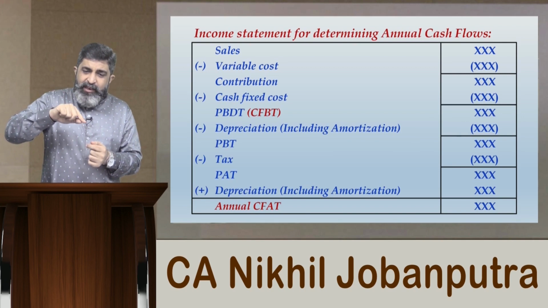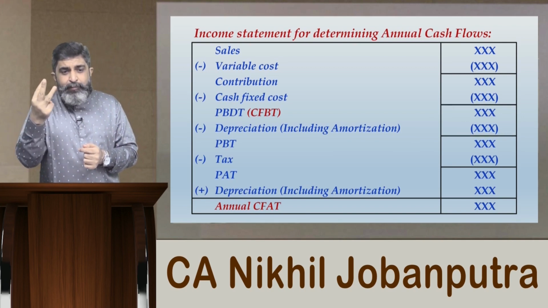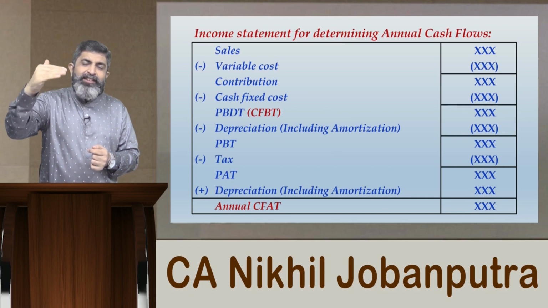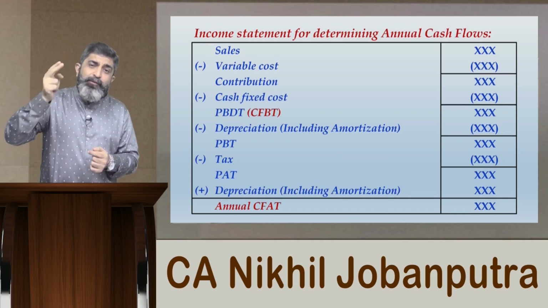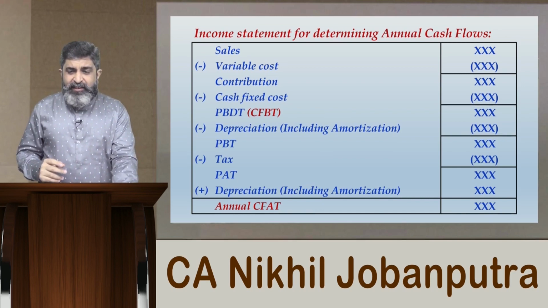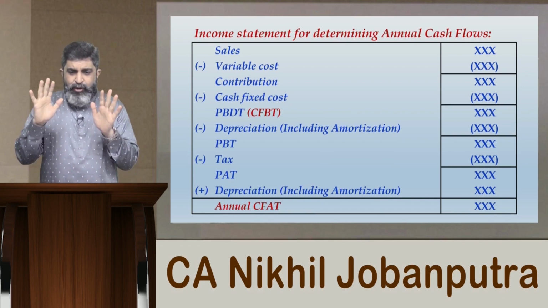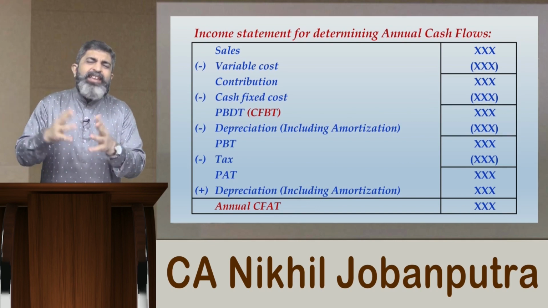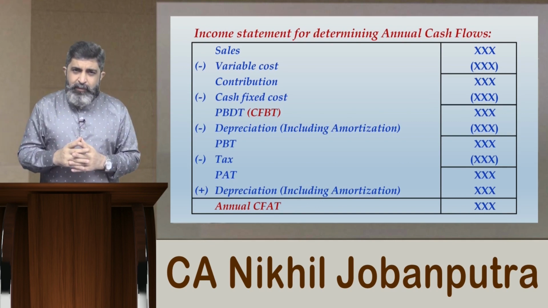It will be 1,000 units into 3,000 per unit, so that will be 30 lakhs. So 50 lakhs of sales less 30 lakhs of variable cost, the amount of contribution will obviously be 20 lakhs. Correct? So you can land up at the contribution amount either way, whatever is comfortable.